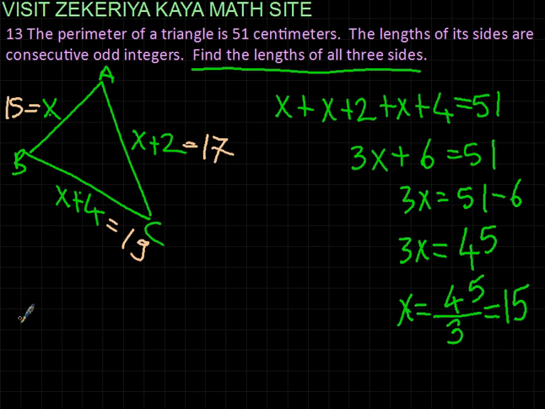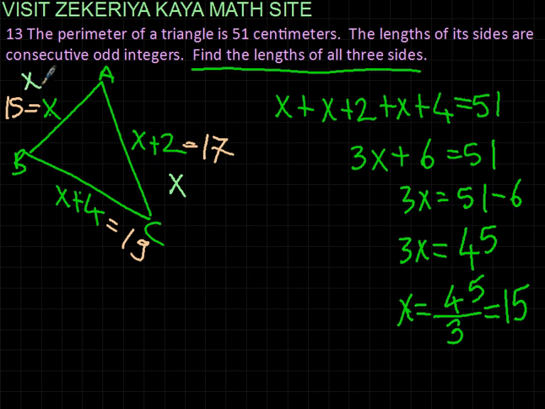Yes, you can. So when we find the first one with x, it's about how you name it. If you name them starting from the smallest, that means you will find the smallest. For example, these are 15, 17 and 19. If I say that this is x, from 17 to 15, what do I need?